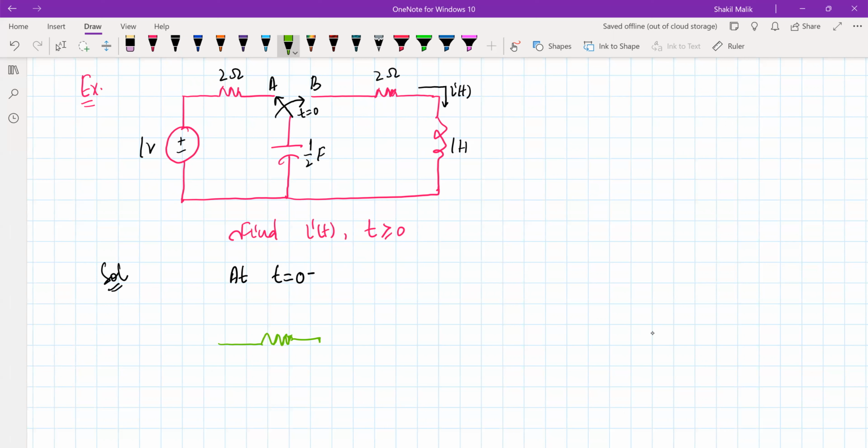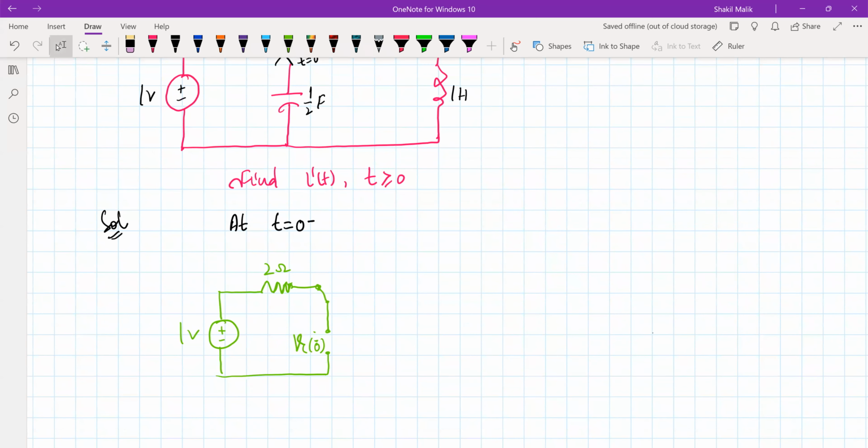So this is the equivalent circuit at t equal to 0 minus. The capacitor will be an open circuit. So this is 1 volt, this is 2 ohm, and let's suppose the voltage across the capacitor is Vc(0 minus).